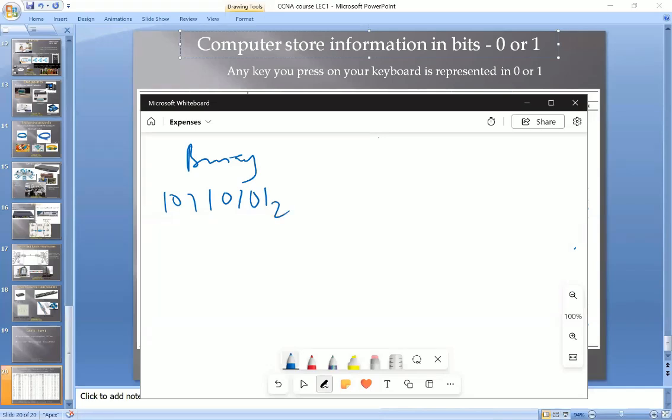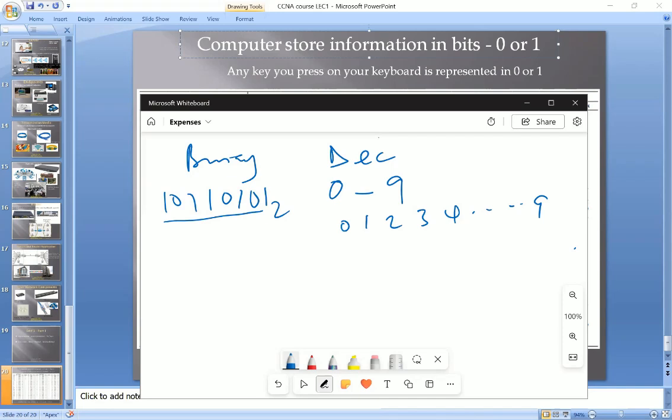It means this number is in binary. The one that we humans are so familiar with, that we use in our everyday life, is decimal. Decimal numbers are from 0 to 9. That is what we are used to when we are counting.